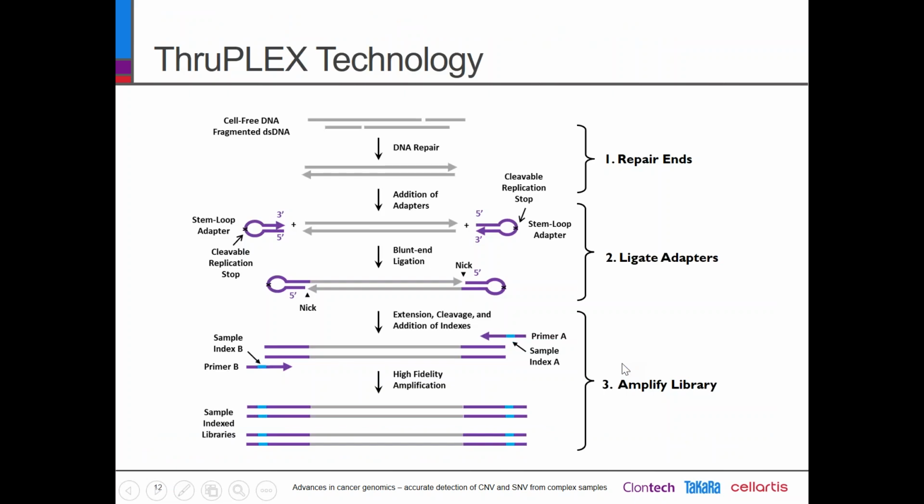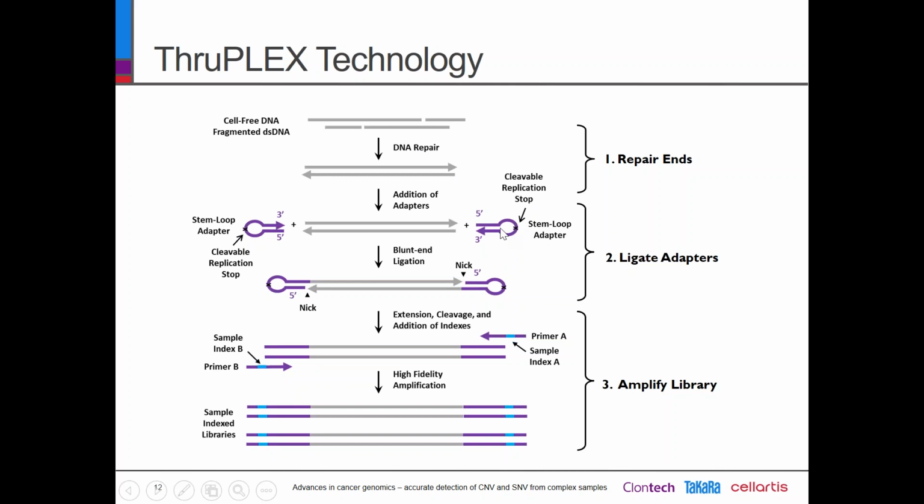So this is the basic workflow of ThruPlex, 3 main steps that you are mostly familiar with. Starting from your DNA sample from cancer patients, you will first do a repair of the ends, and then second, adapter ligation.